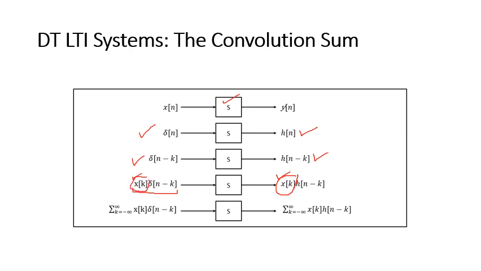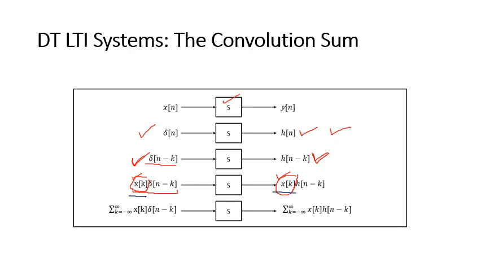Okay, we give it impulse, the output is h of n. Because the system is time invariant, shift in input results in shift in output. Also, we say the system is linear, so if I scale the input by some factor of x of k, the output should also be scaled by the same amount. I hope you understand this.